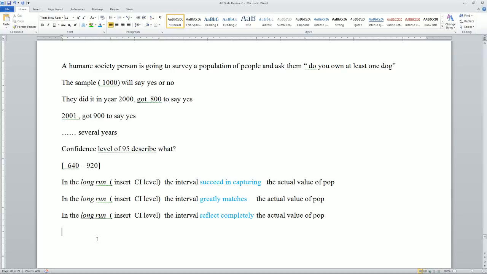Then I can be 95% sure that this reflects the total population, that there are 640 to 920 owners.